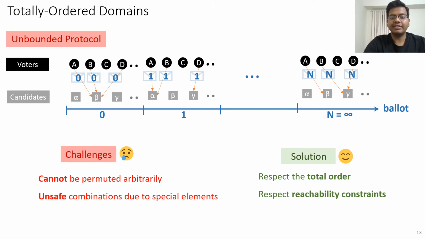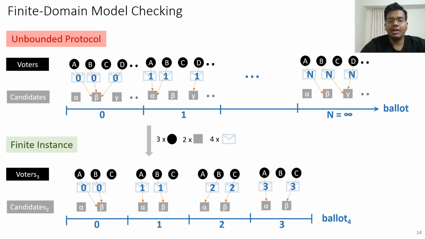It understands and respects the total order, and it checks reachability constraints to limit its boosting to clauses that are permitted by the protocol behaviors. Again, we perform finite model checking as before. For example, let's say with just 4 valid numbers as shown here.